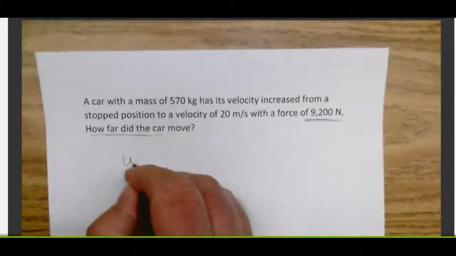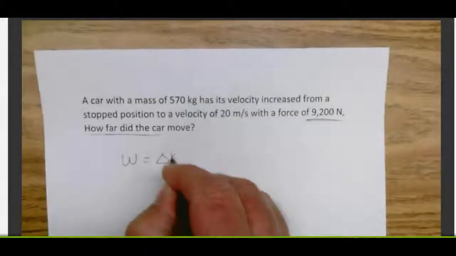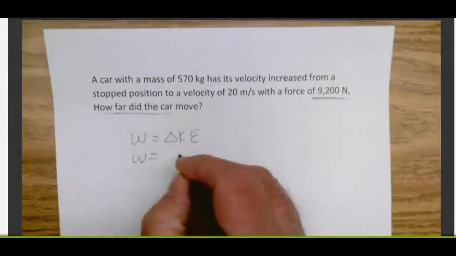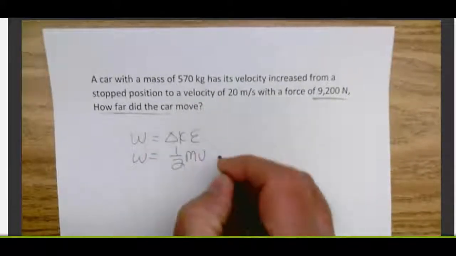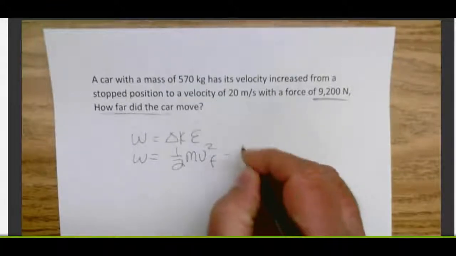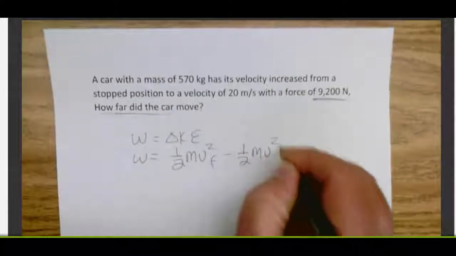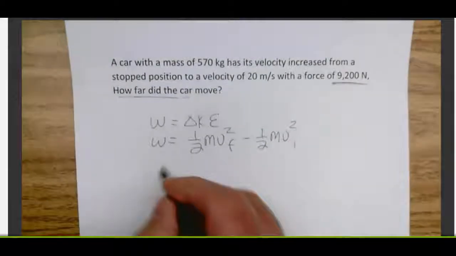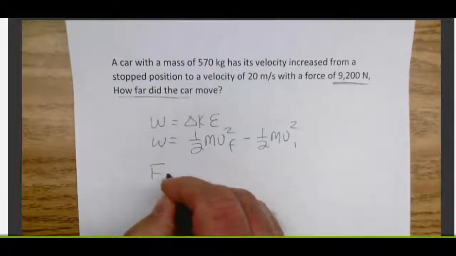If you remember, we had this equation, work equals the change in kinetic energy, and we fill in work equals 1/2 mass velocity squared final minus 1/2 mass velocity squared initial. Then again, we have a force and a distance, so we plug in force times distance for work.